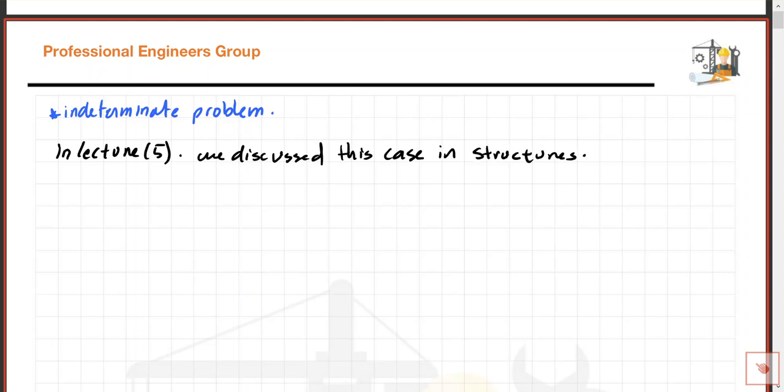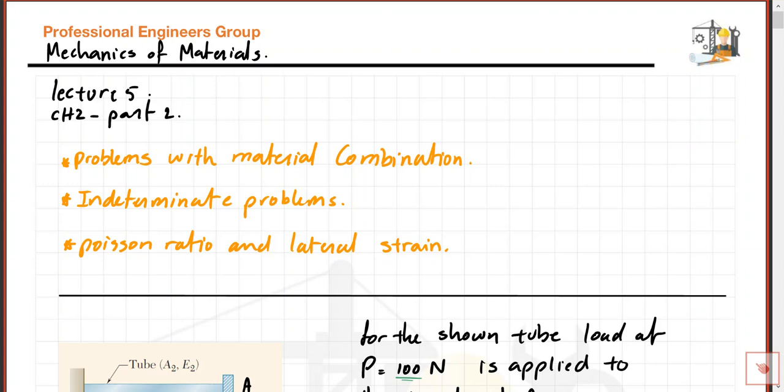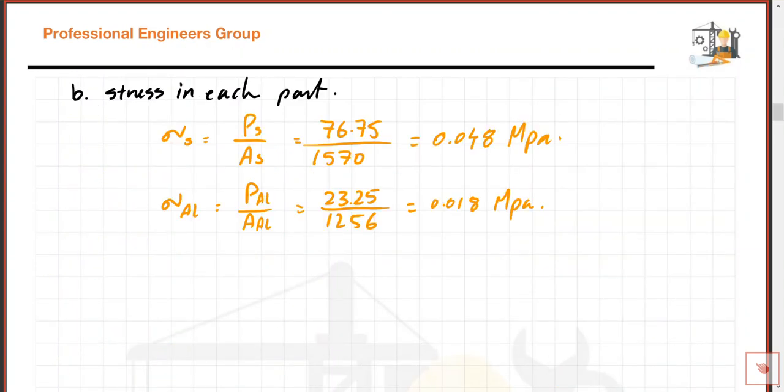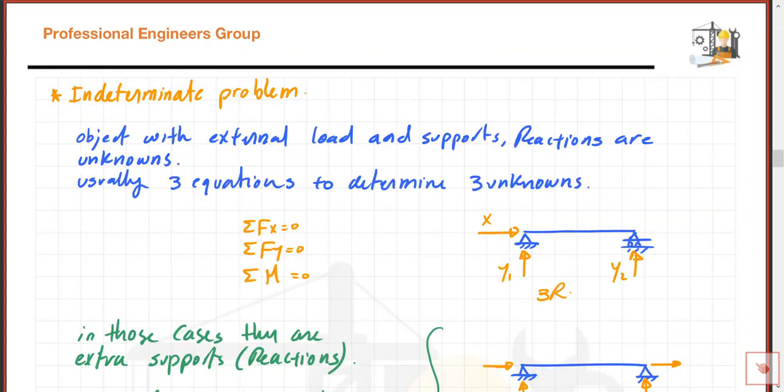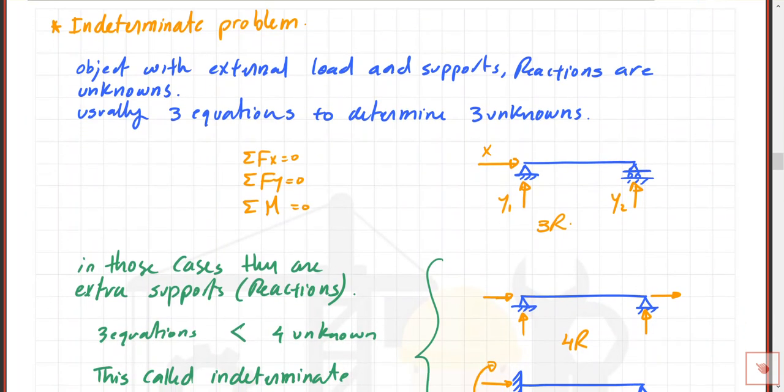Okay, I will go to lecture 5, indeterminate problem. We agreed that usually we have 3 motions in 2D, so we need 3 reactions and 3 kinds of support to keep the object in place without motion.